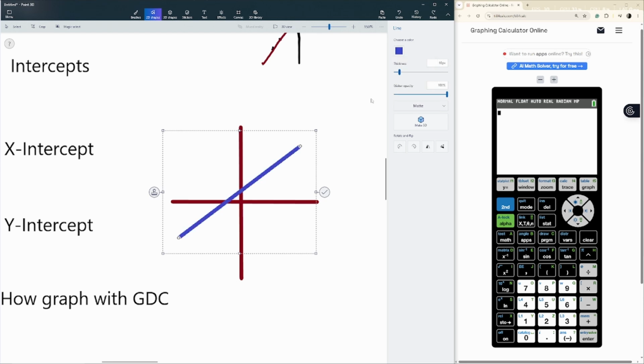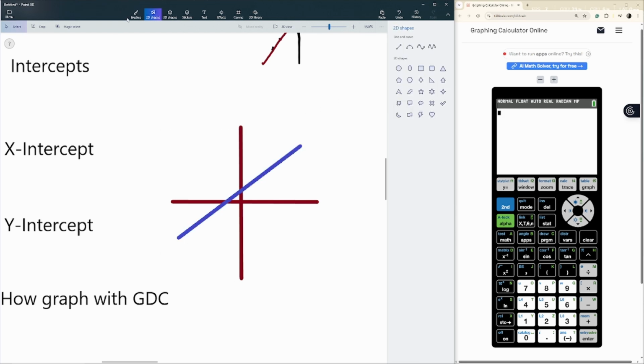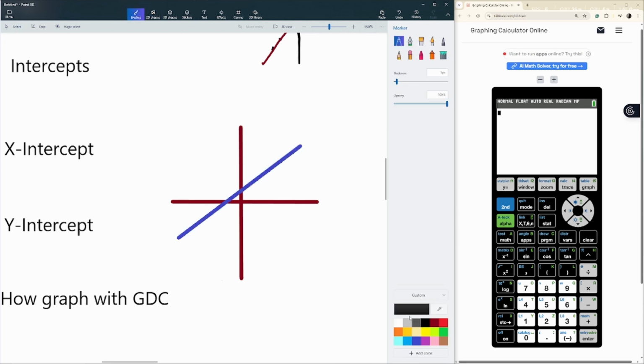So if you have your function looking something like this, then you clearly know that right here is your x-intercept because it crosses the x-axis. And you can clearly reason that the x-intercept is where the x-axis is crossed.